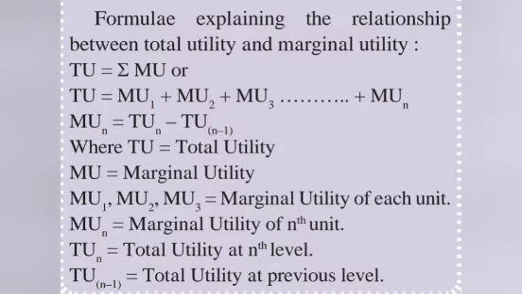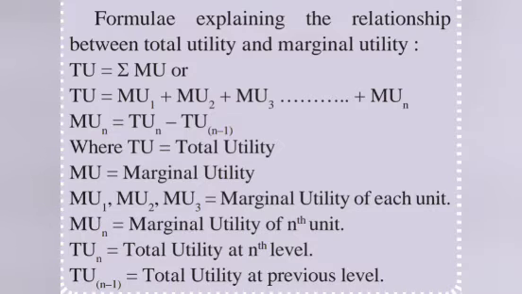So TUn is equal to MU1 plus MU2 plus MU3 and so on up to MUn. Marginal utility MUn is equal to TUn minus TU(n minus 1), where n means nth level.